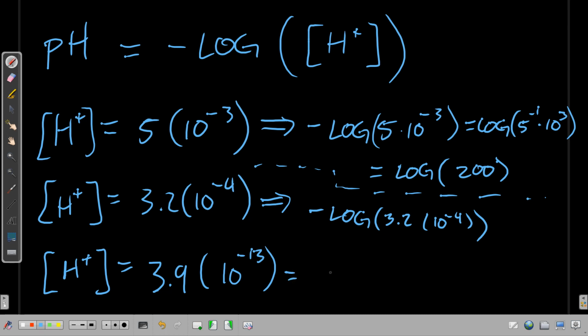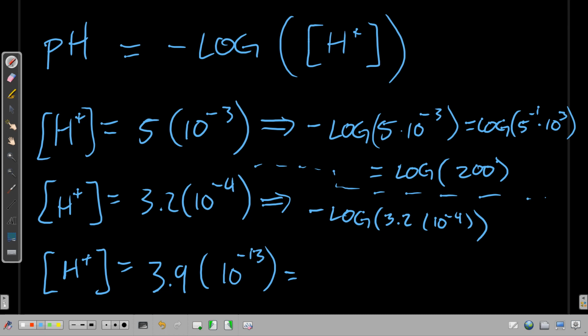Here I would keep my exponent, because 10 to the minus 13, isn't that like 1 over 10 trillion? I mean, it's more than a million.